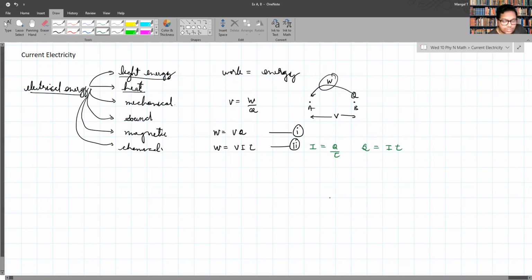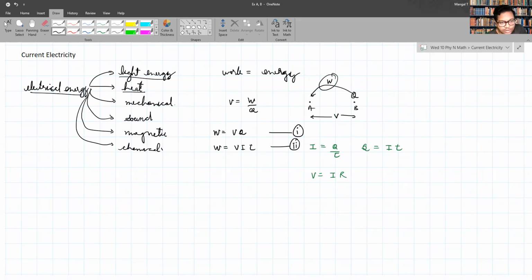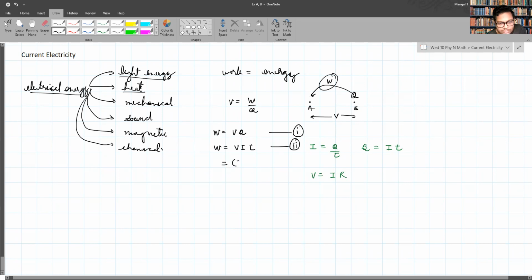We also know Ohm's law. It says V is equal to I into R. So if I substitute that over here, V is substituted as I into R, so that gets I square RT. Okay, so that's another form.